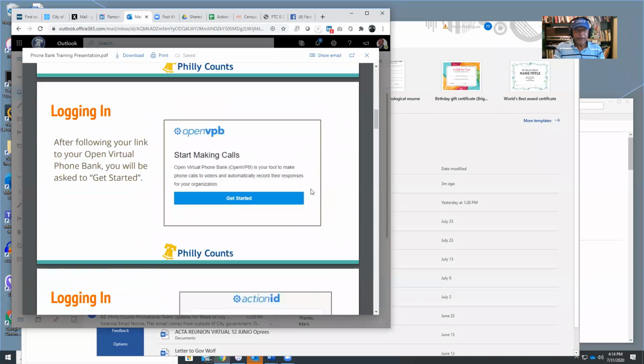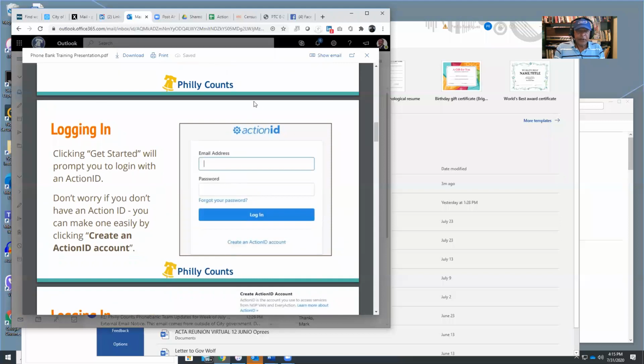So to start making phone calls on the VAN phone bank, you need to log in through one link that we're going to email to you, and just follow the prompts in the email. You get an email, you get a link, and start making calls.